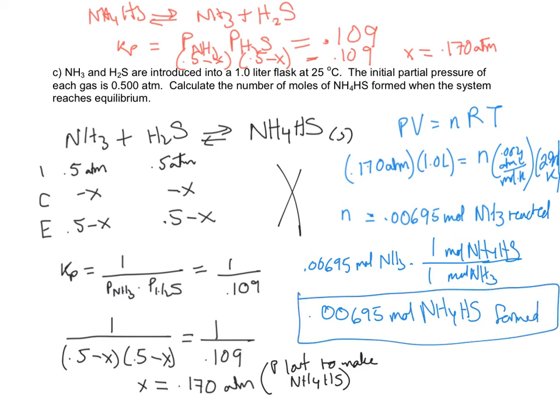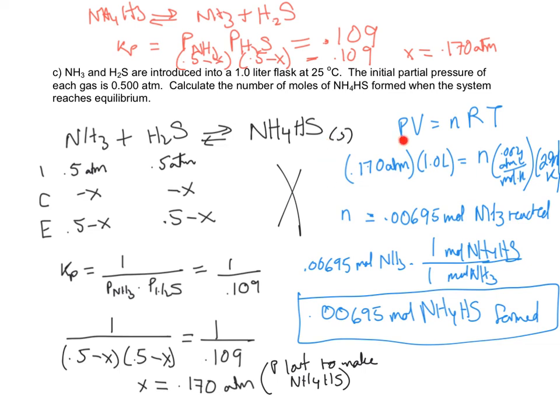Now, why is it that I did this step? Why didn't I just say, well, this is plus x, and just say that x is how much NH4HS is formed? I'd get the same number, right? But in terms of chemistry principles, that does not make any sense because, well, you can't form any pressure when you form a solid. So that would not be correct.